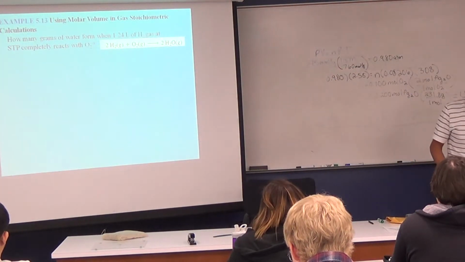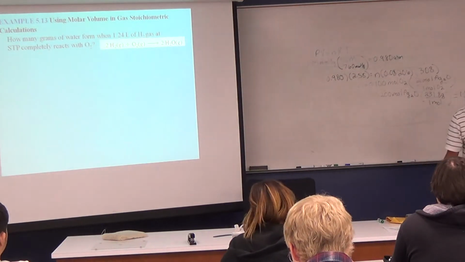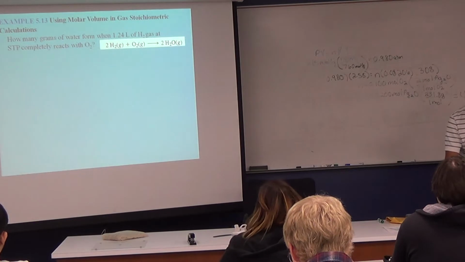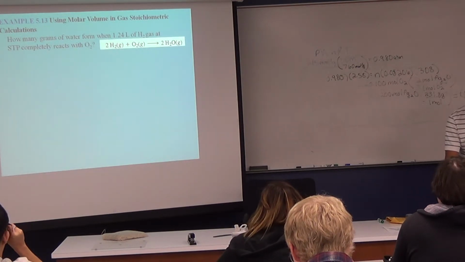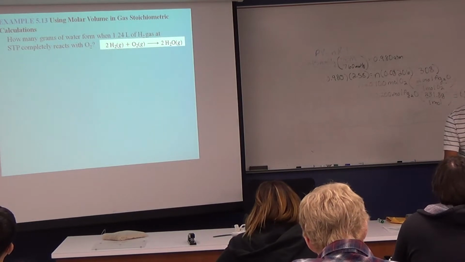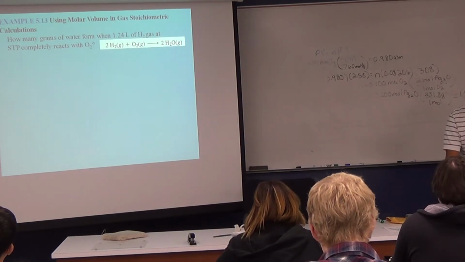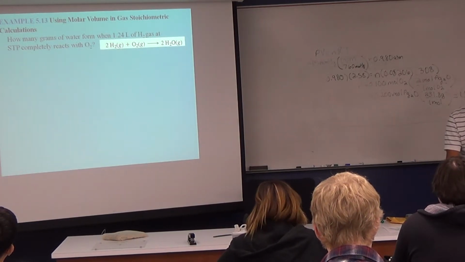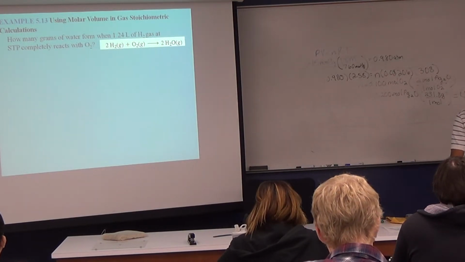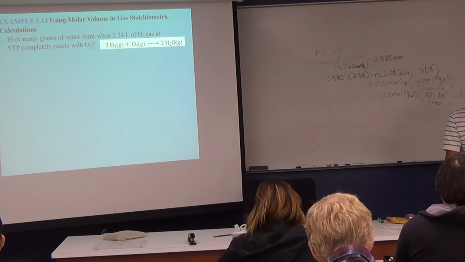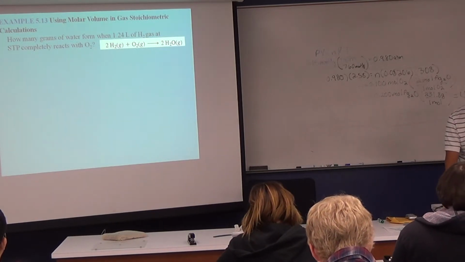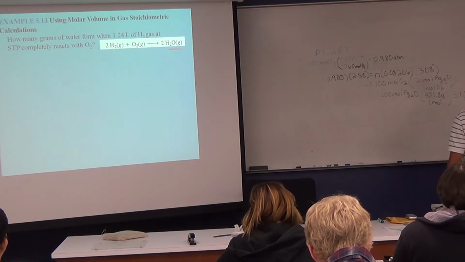I think one more example, one more practice. How many grams of water form when 1.24 liters of hydrogen gas, H2 gas, at STP completely react with O2? That means we have enough O2 to use up all this 1.24 liters of hydrogen gas, and then it asks you for the grams of H2O.